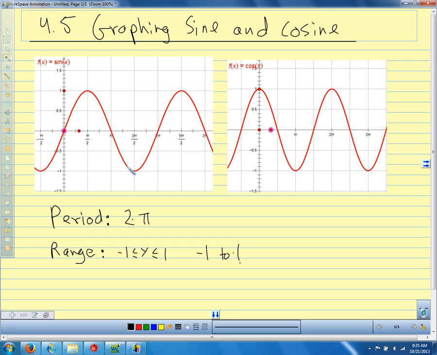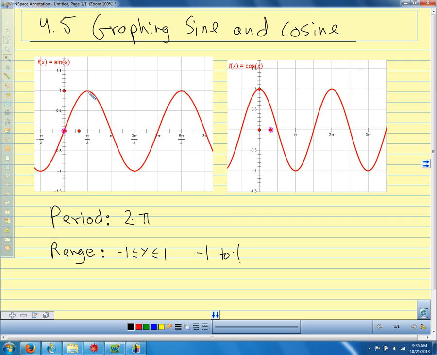And if we look at this graph, we see that the period tells us our graph of our function is going to repeat every 2 pi units. So here where we cross the x-axis going up, in another 2 pi units we're going to cross the x-axis going up.